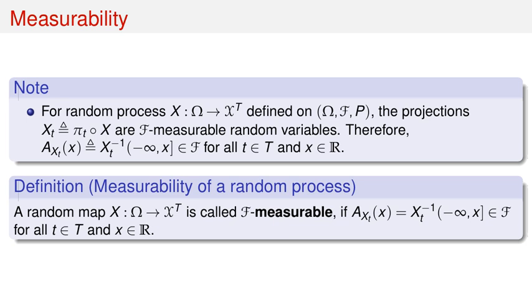This leads to the definition of measurability of a random process itself. A random map X from Ω to 𝒳^T is called F-measurable if A_{X_t}(x), which is X_t inverse of (−∞, x], is in F for all t in T and all x in R. This is essentially what the definition of a random process already states.